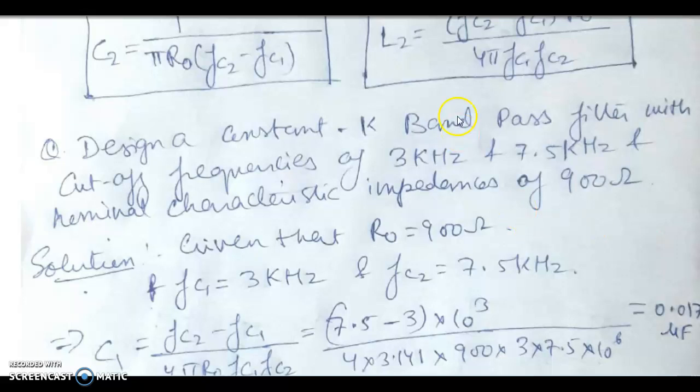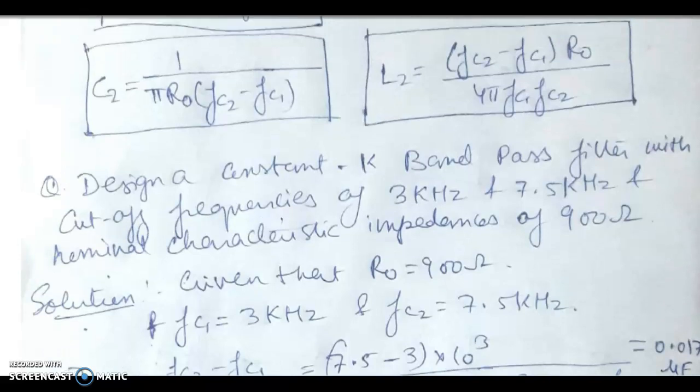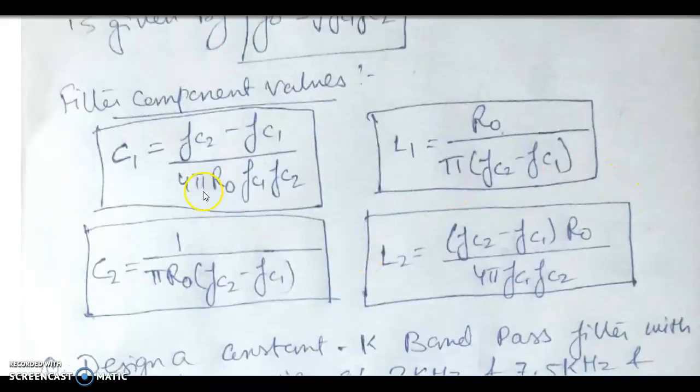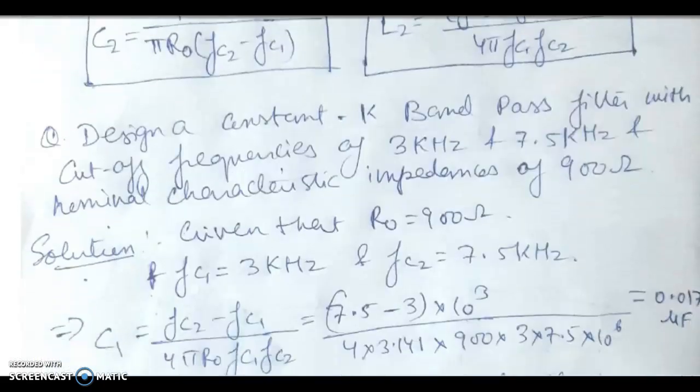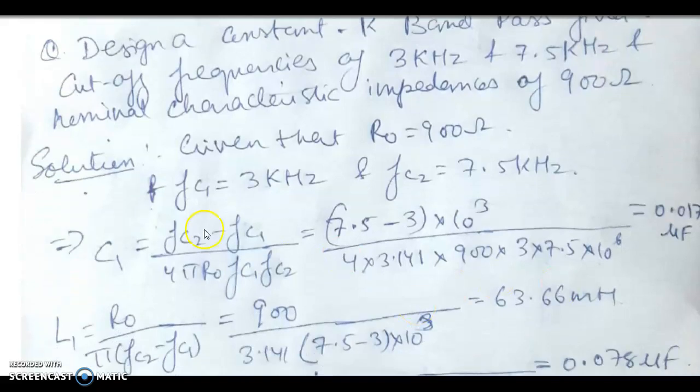So when we put these values in the above equation, we will get the values of C1, L1, C2 and L2. So when we put these values of Fc2, Fc1, pi, R0, we will get C1 as 0.017 microfarad.